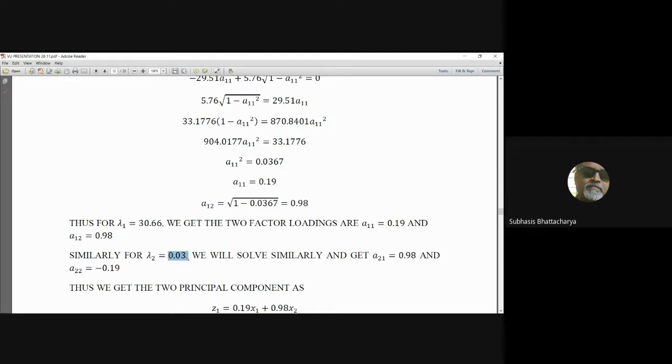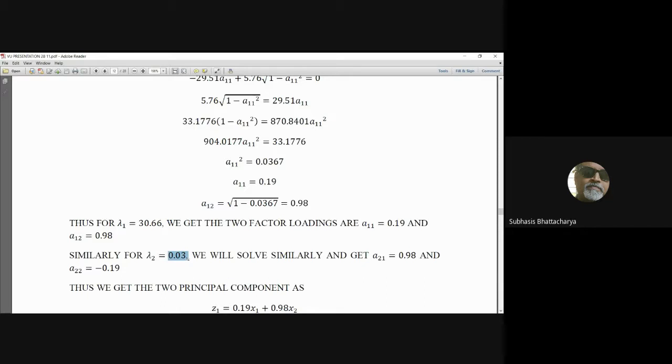That is 99 point something percent, as shown by the SPSS results. And what is the percentage share of lambda 2? That is 0.03. That means the second principal component is not important or significant to you. You can run multiple regression or any kind of analysis with the help of only one principal component.